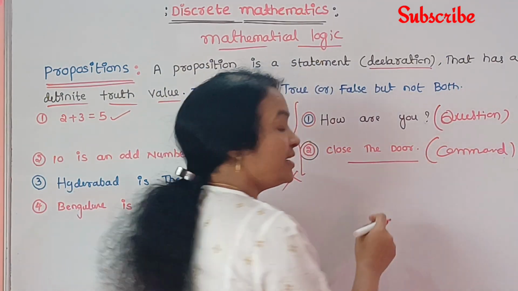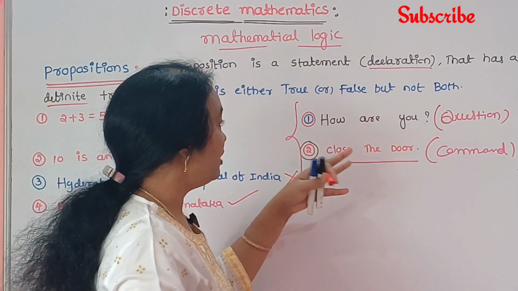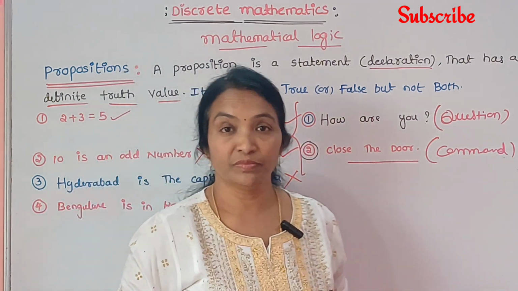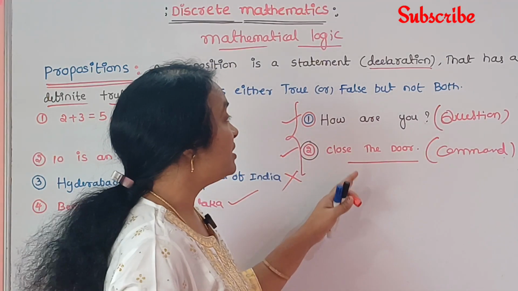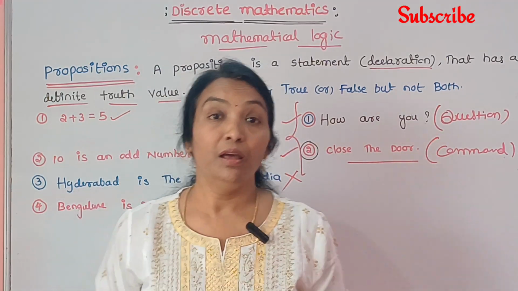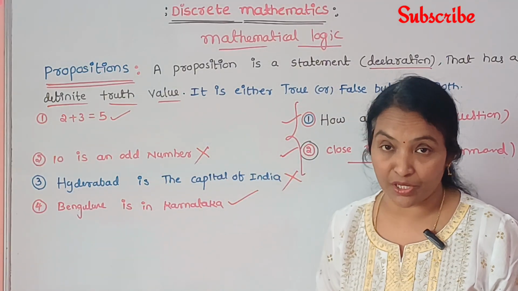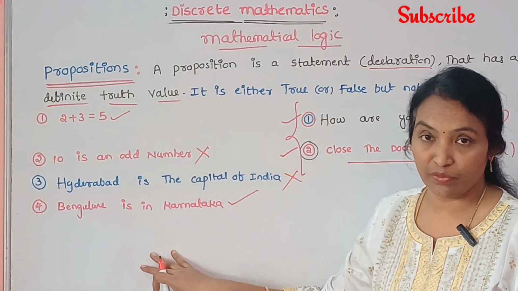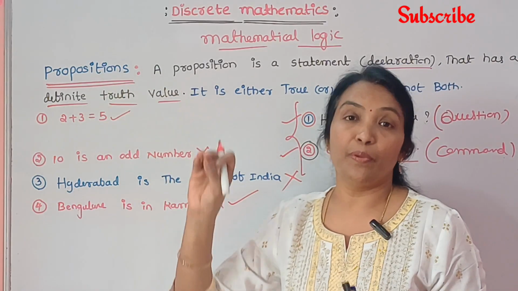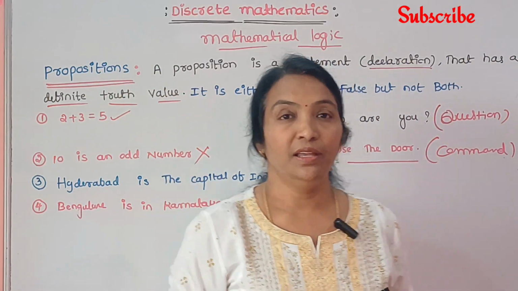This statement declares a command. Can you conclude that these two are declarative sentences? I said no. Why? Because this is a question and this is a command. There is no proper declaration, right? These are the declarative sentences, and these declarative sentences are called propositions. Is it clear? I think you understand very well.